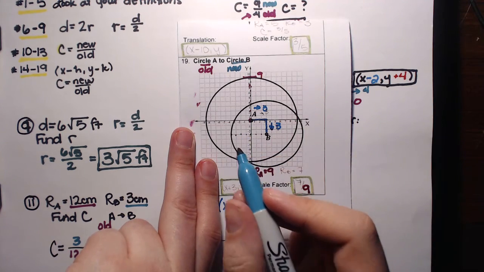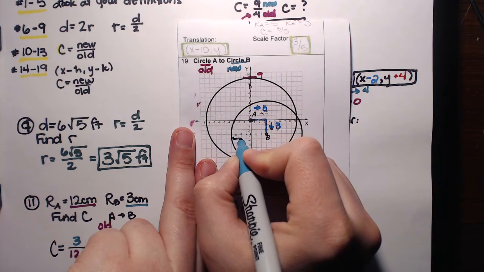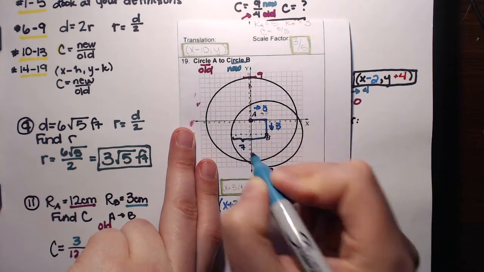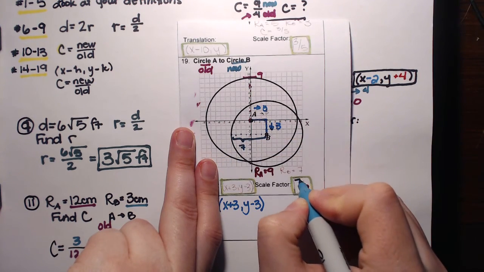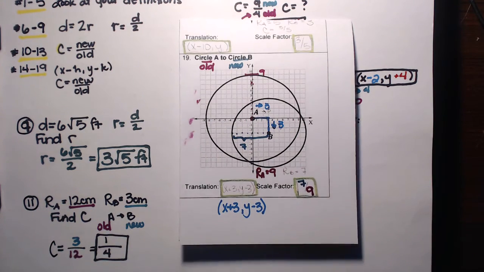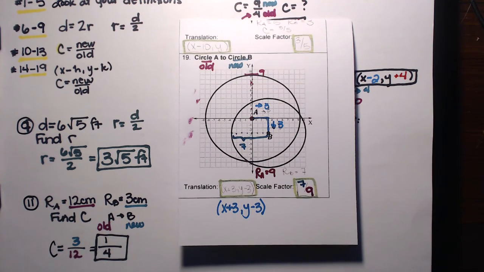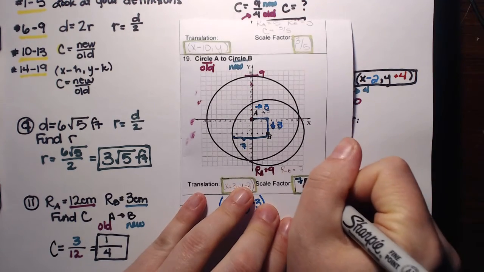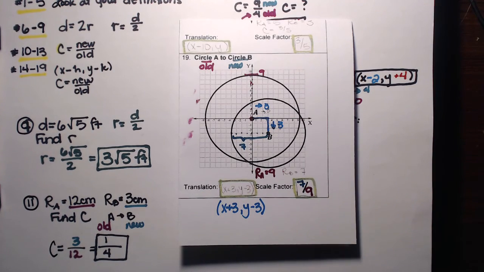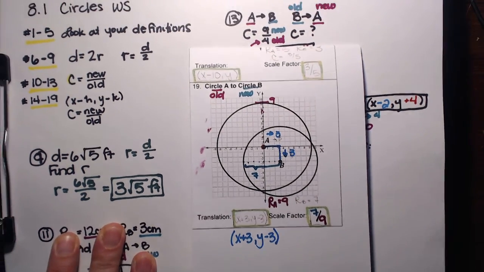It doesn't matter that I went backwards because I'm just talking about how long is that. That's a length of 7. So my scale factor is going to be 7 divided by 9. And that's how you do some of those problems for 8.1.